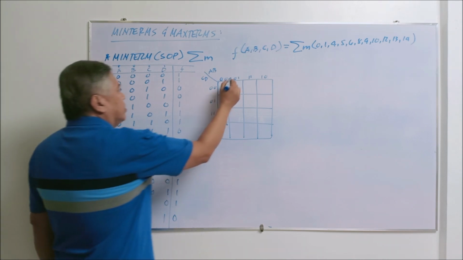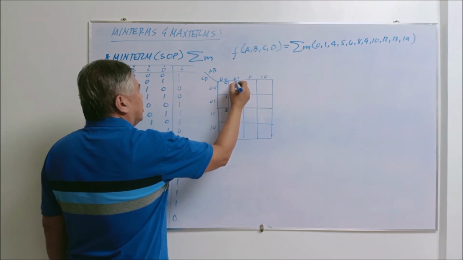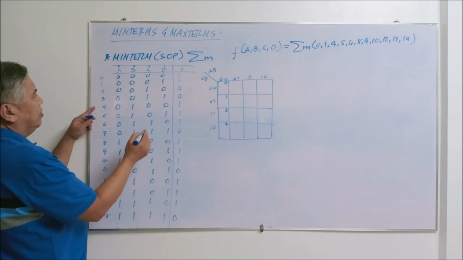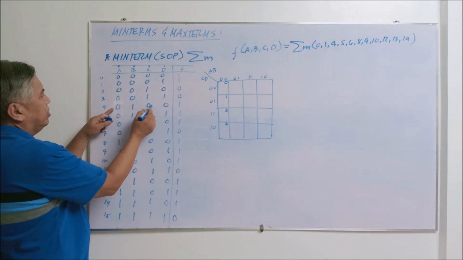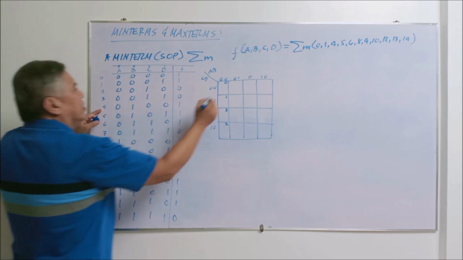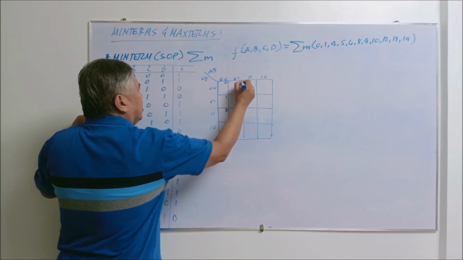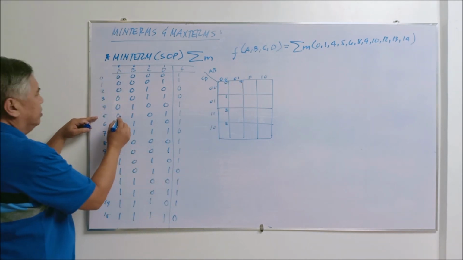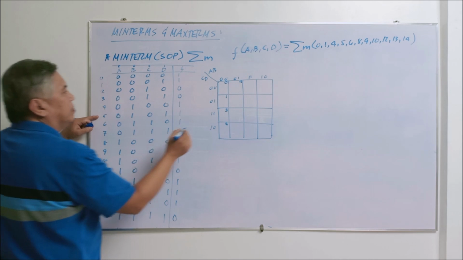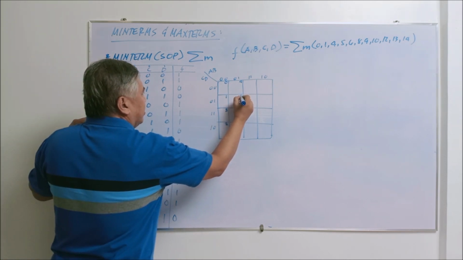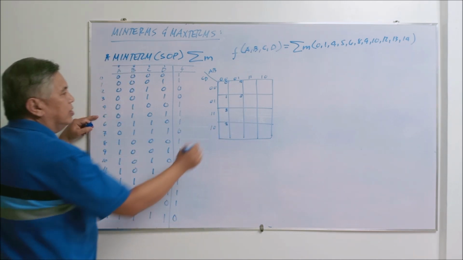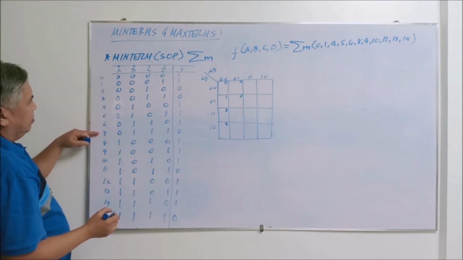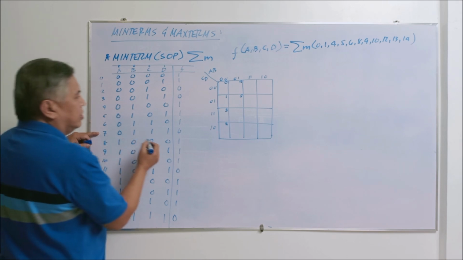Then 0, 1, 0, 0 is equivalent to 4 in decimal number, so you put a 4 here. And then 0, 1, 0, 1 is 5, so you put the 5 here. And then 0, 1, 1, 1 is 7.